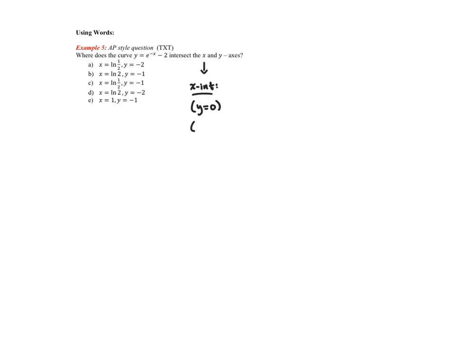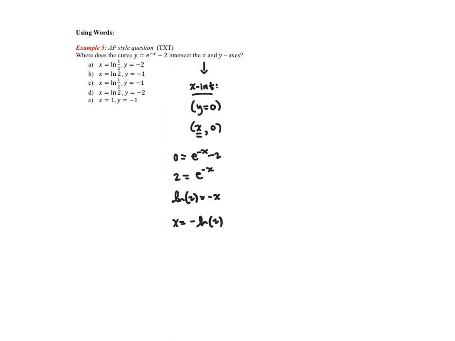I want to know the x value when y equals 0. So I'm going to plug y equals 0 into our equation, and I'm going to solve using my knowledge of exponential functions. If you wrote this in logarithmic form, that would be the natural log of 2 is equal to negative x. So that would mean x equals negative natural log of 2.